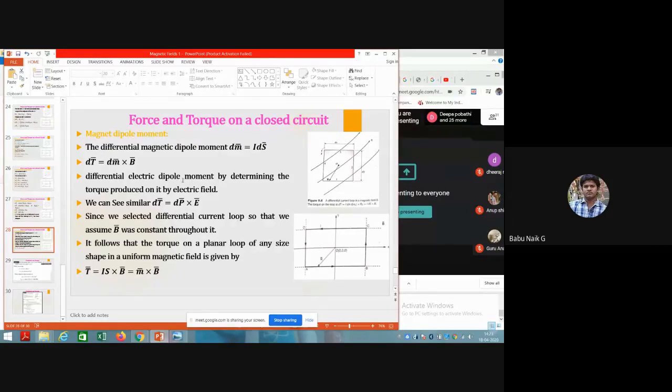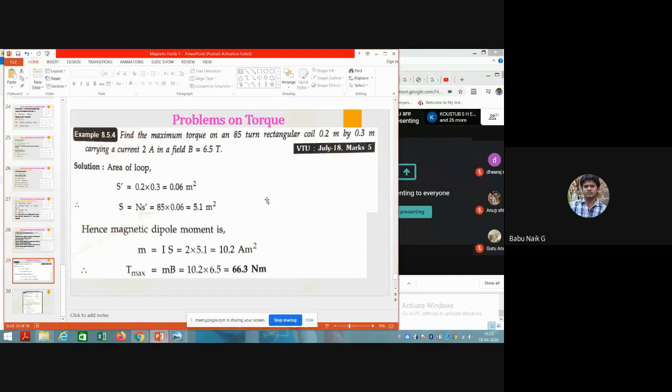Okay, so let us solve one small problem on torque calculation. The problem is given: find the maximum torque on an 85-turn rectangular coil, 0.2 meter by 0.3 meter, carrying a current of 2 amperes in a field B bar equal to 6.5 Tesla.